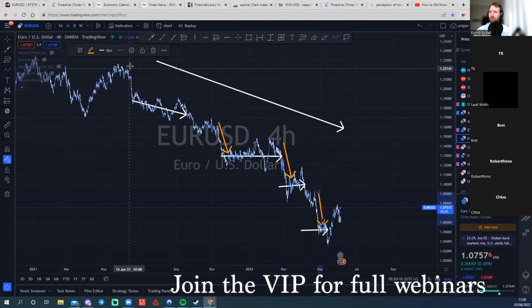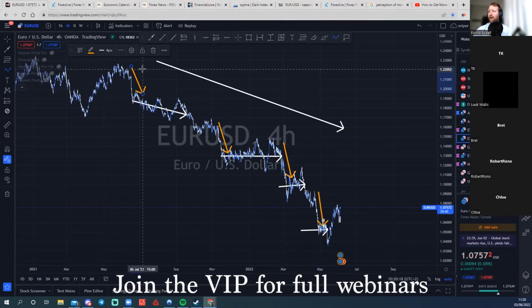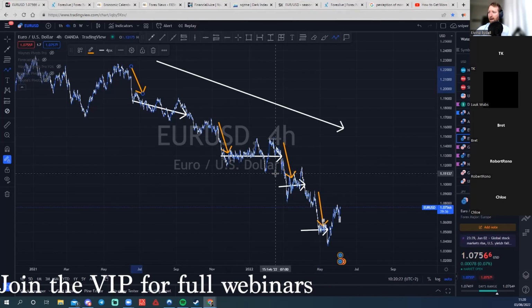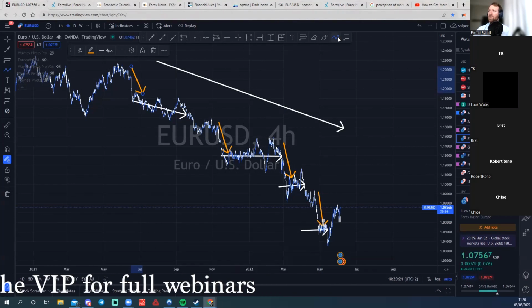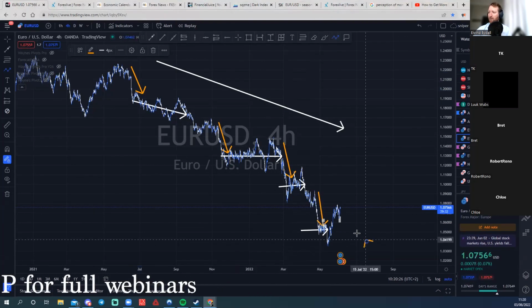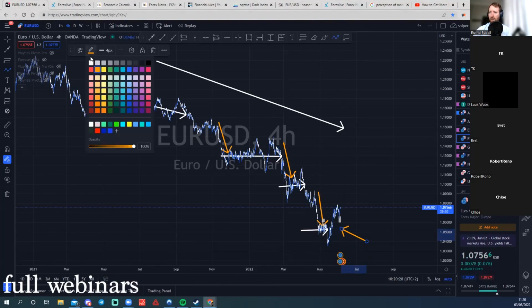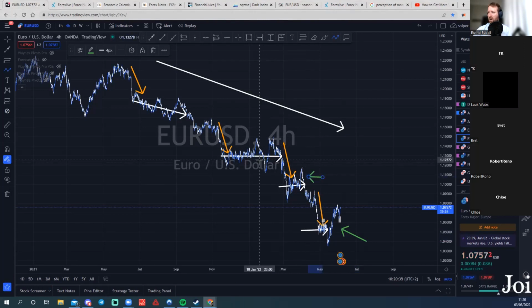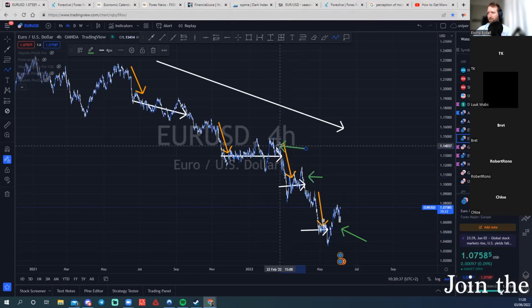Okay, let me do one more. There we go. So we have ranges, aggressive falls, and we have some bullish attempts here and there. So maybe make that in green. It's probably an attempt there and probably an attempt there as well.